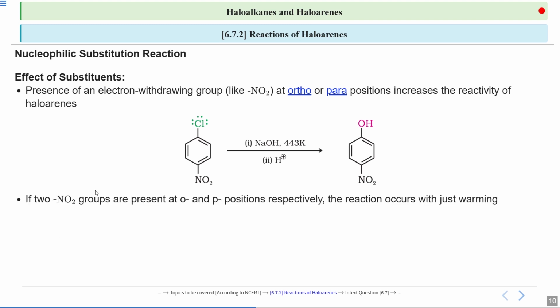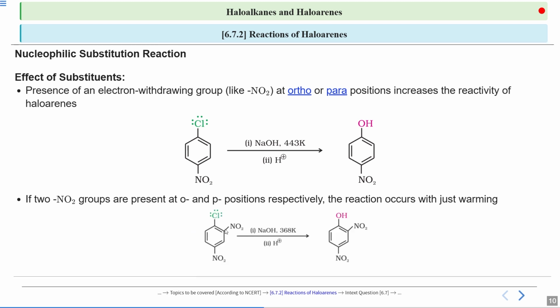What if we have two NO2 groups present at ortho and para positions respectively? Now, if you place two nitro groups, one at ortho and one at para position, the reaction will occur with just warming. So the temperature needed for the removal of the halogen from the benzene ring will be lesser if there are two NO2 or two electron withdrawing groups present at the ortho and para positions.